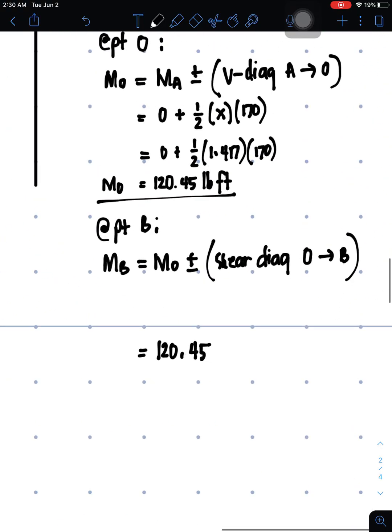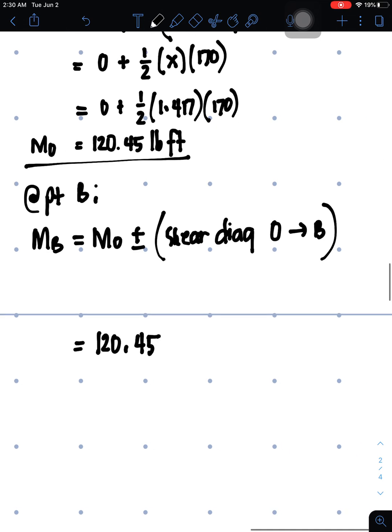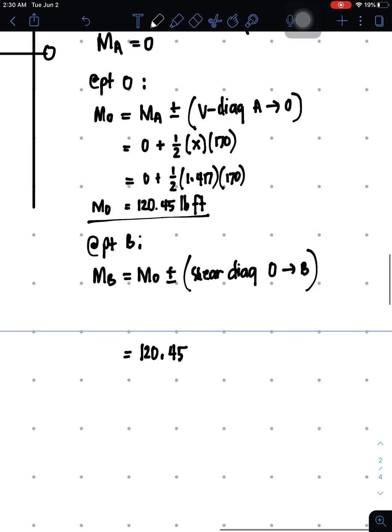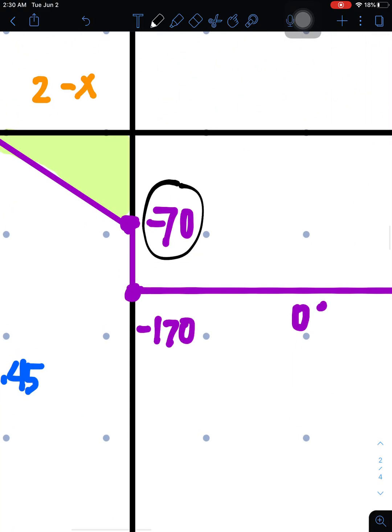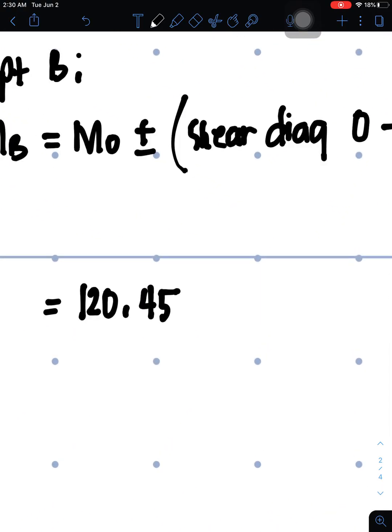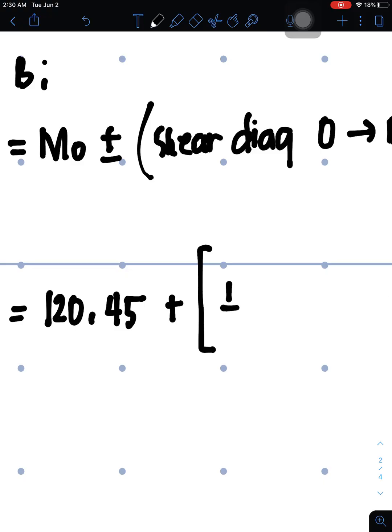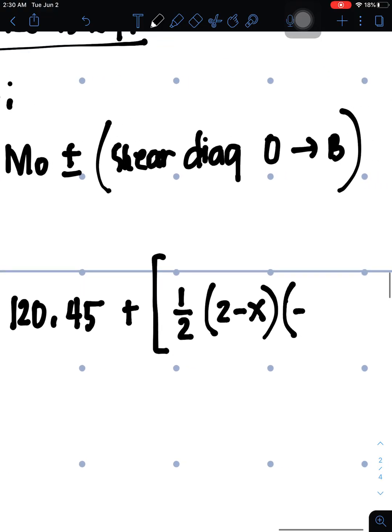Since 70 is negative, you could write it as plus there, just make sure you bear the value: 2 minus x times negative 70.